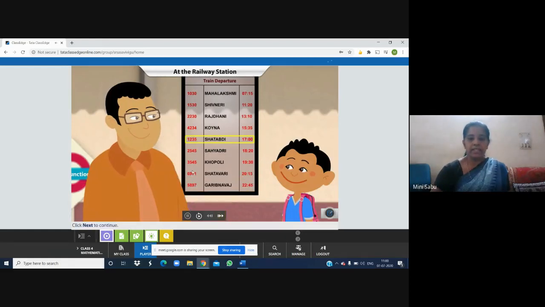Okay, children, this is a small part of a railway timetable. Here you can see the name of the train, the train number, and this last column tells you about railway timing. Look at the timing. This timing is given in a different way. It's a 4-digit number. In the video, this is read as 1700 hours.